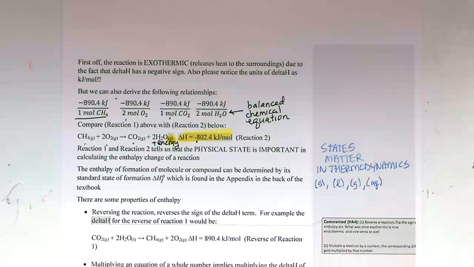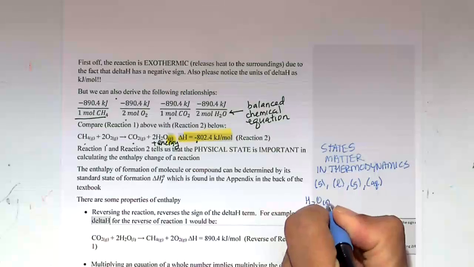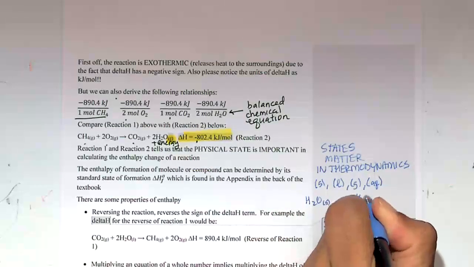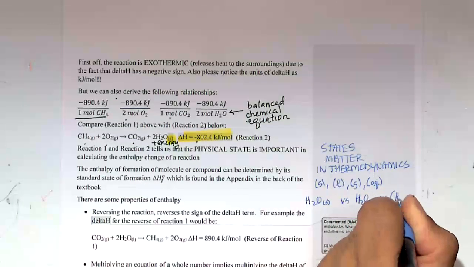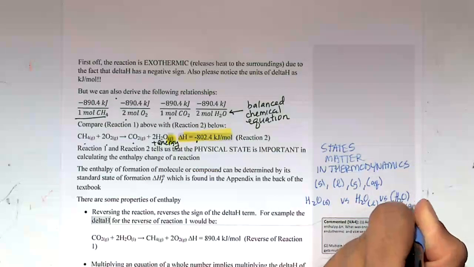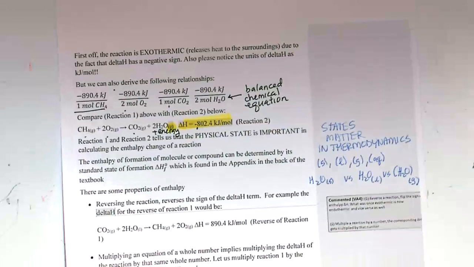Everything could be the same, but the delta H values could be different if you're talking about solid H2O versus liquid H2O versus gas H2O. The delta H will vary. When you look it up in the back of your book, the values are going to be different, so the states matter.